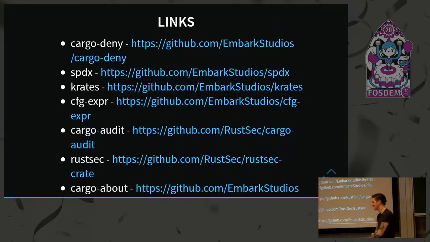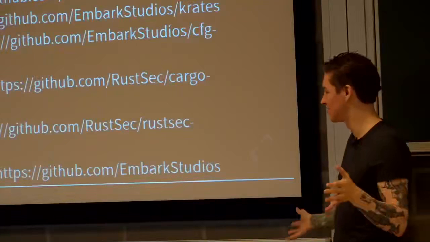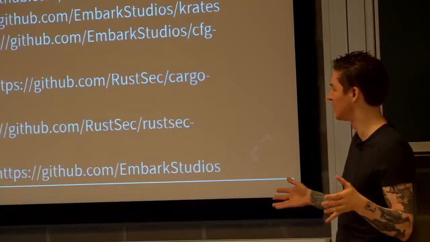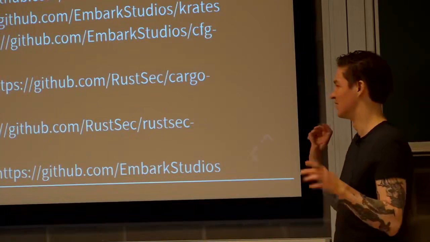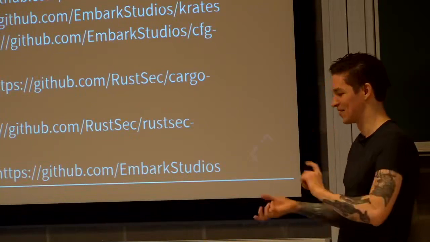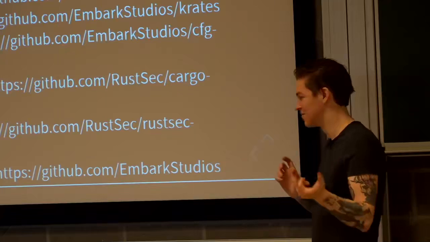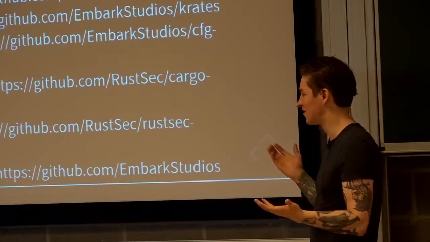What does cargo-about do? So cargo-about deep scans every single file in a crate's source to detect any licenses, and then makes sure that they match the declared licenses, and if they don't, gives an error.